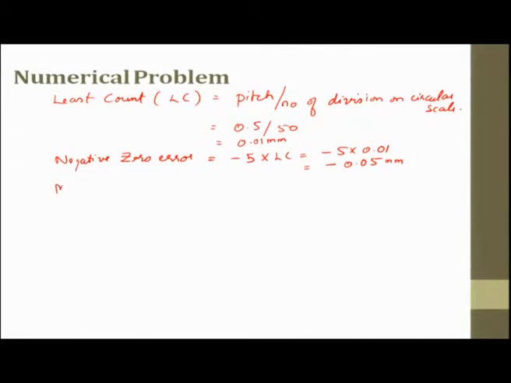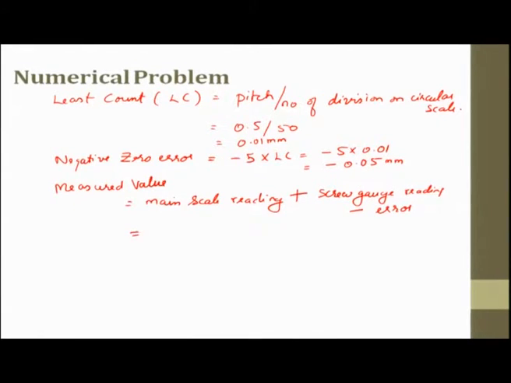Okay. Now, the measured value is main scale reading plus screw gauge reading minus the initial error, whatever we had.